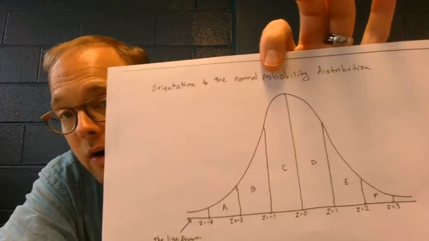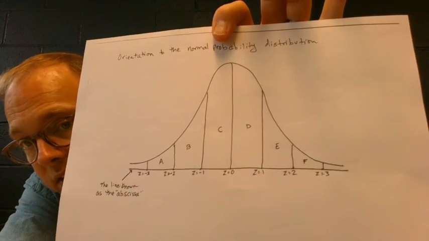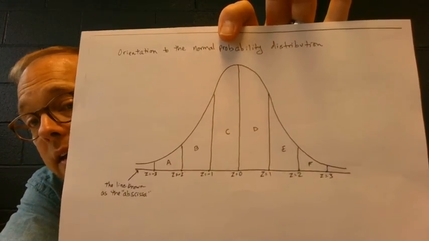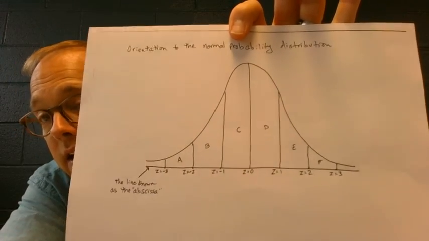Now, if you have keen eyes on this YouTube video, or if you've already obtained the drawing and examined it yourself, you have seen that along the bottom, along the abscissa, the letter Z is written several times. Well, guess what? Those are Z-scores, because here's the deal.